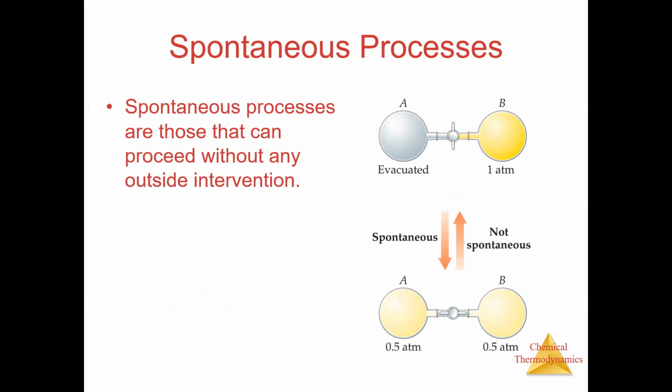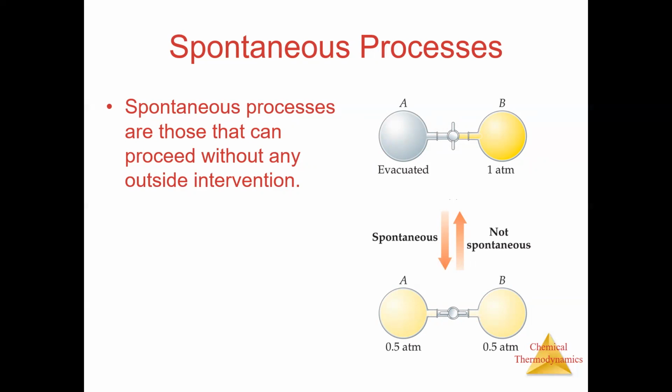Spontaneous process. What is a spontaneous process? A process that occurs on its own without any outside intervention is called a spontaneous process. Here is the example given on your right hand side. We have two bulbs, A and B. Bulb B is filled with a gas, and the two bulbs are connected with a stopcock.